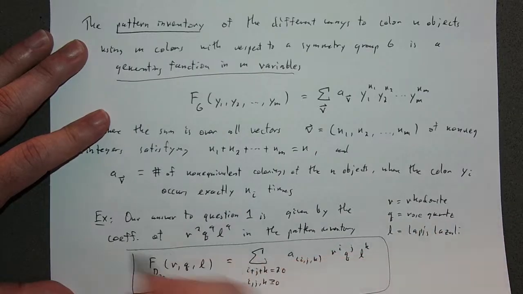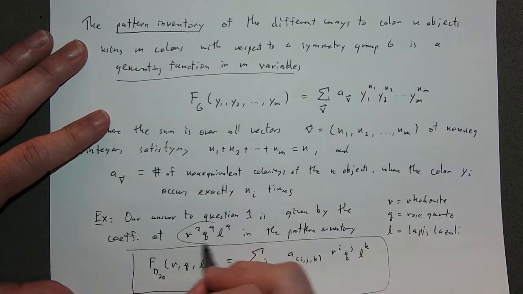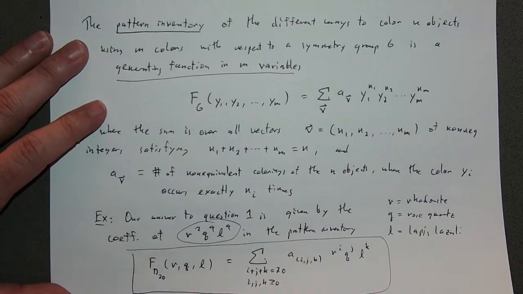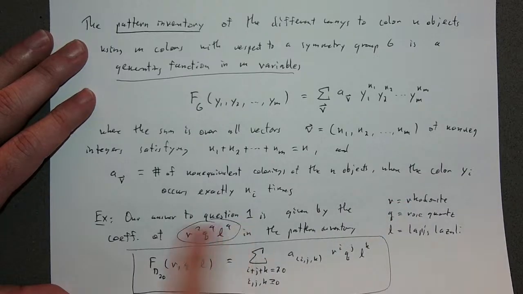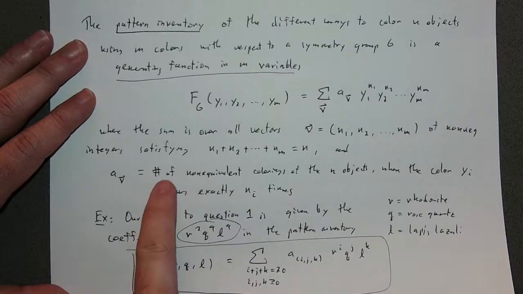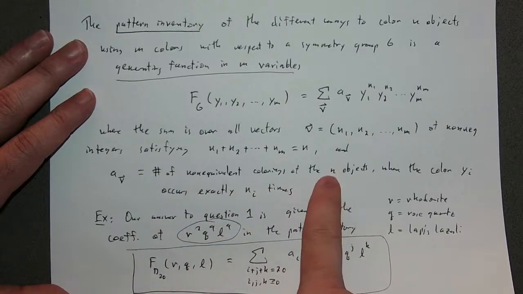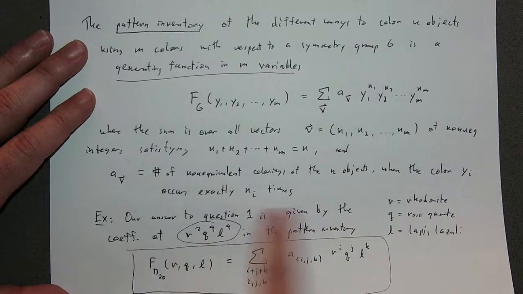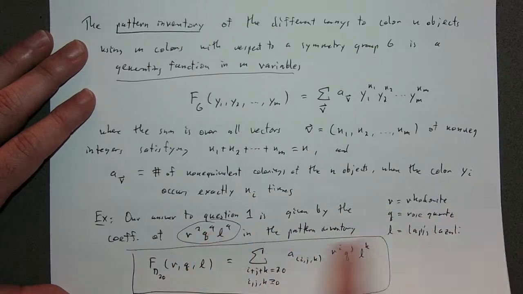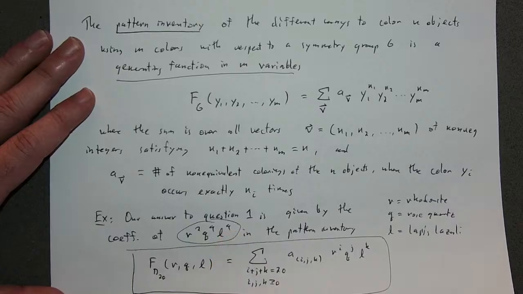So I'm looking for the coefficient of this term, R squared, Q to the 9th, L to the 9th. Why? Because that term represents having 2 rhodonite beads, 9 rose quartz, and 9 lapis lazuli beads. The coefficient is telling me the number of non-equivalent colorings of those 20 objects where rhodonite occurs exactly twice, rose quartz occurs exactly 9 times, and lapis lazuli occurs exactly 9 times.